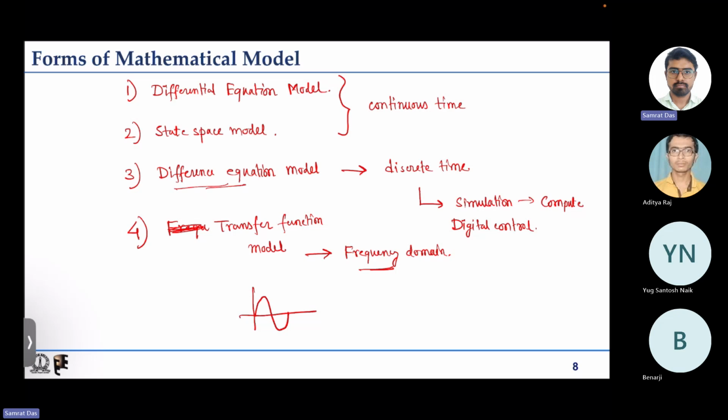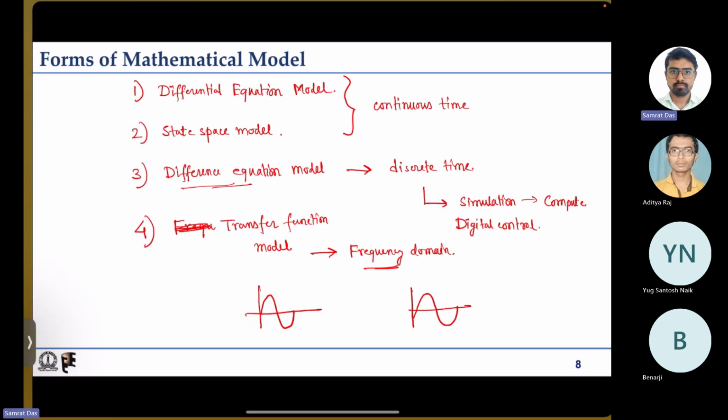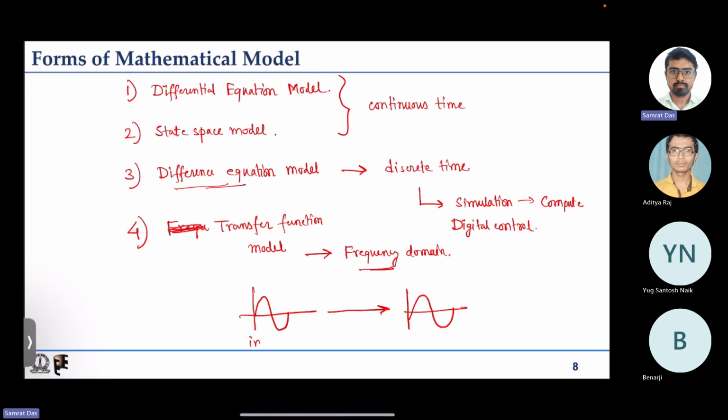We are applying some input signal as a sinusoid, and we are looking at the output sinusoid that is coming. So this is the input sinusoid, this is the output sinusoid. A sinusoid has some amplitude, it has some phase. The output will also have some amplitude, it will have some phase with respect to the input signal. So how these two will be related, that is the transfer function.